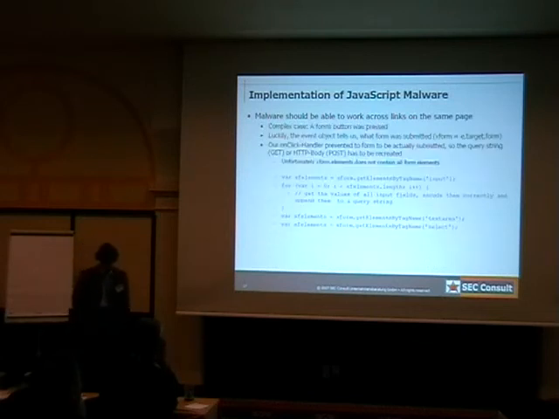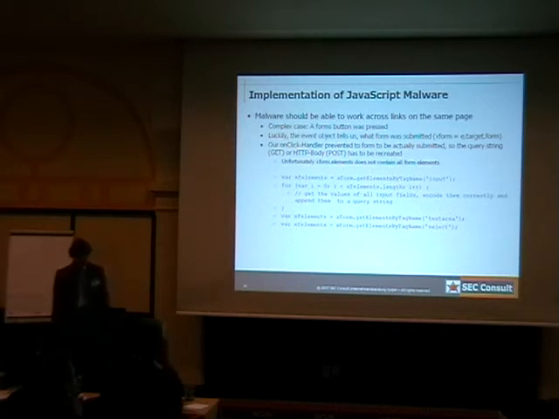The complex case is if a form button was pressed. We also want the malware to be able to stay alive even though a form was submitted. Luckily, we already have our onclick handler. So the event object tells us in which form the submit button was pressed. Now we need to loop through all the elements of the form because our onclick event handler prevented the form from actually submitting.